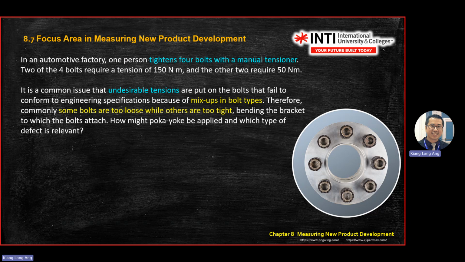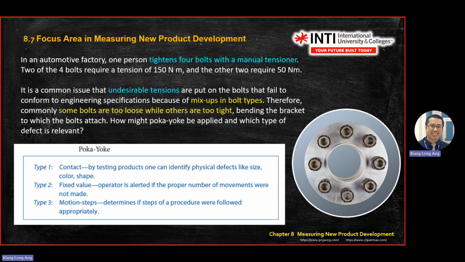So how do you prevent this by Poka-yoke? Commonly some bolts are too loose while others are too tight. This one is the production problem. Right? Bending the bracket to which the bolt is attached. How might Poka-yoke be applied and which type of defect is relevant? So how you apply Poka-yoke methods is there are 3 types: contact, fixed value, or motion step.